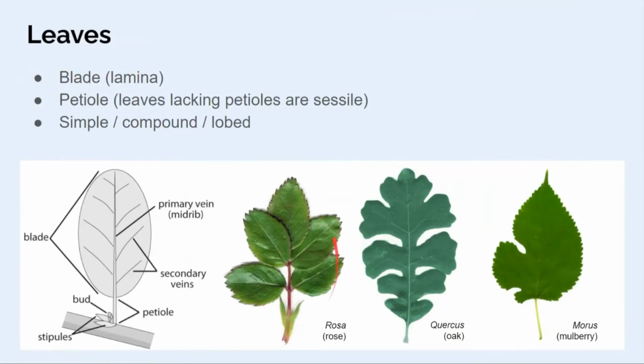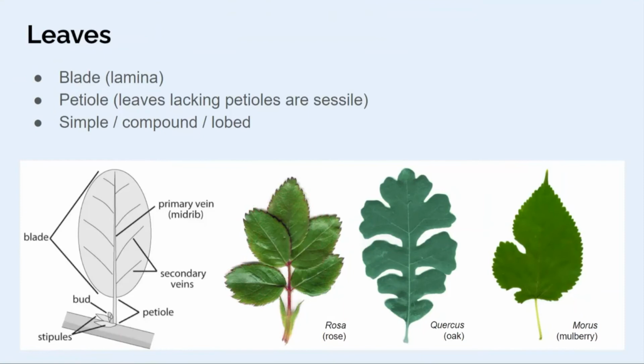And this whole thing that's shown is technically one leaf. It's just a compound leaf. It's a compound leaf because it's got these pieces of the blade that are divided from each other and they're divided all the way down to the vein. So the vein kind of looks like a little bit of stem there, but it's technically just the vein that doesn't have any leaf blade with it.